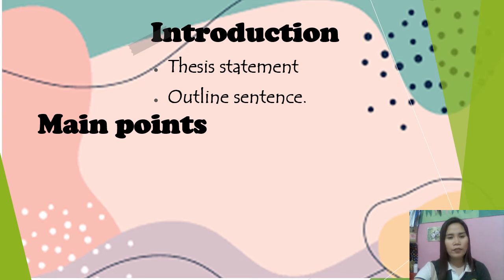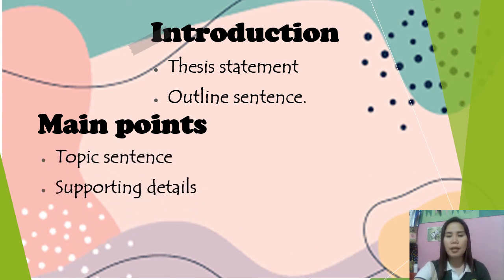Next, we have the main points. Main points contain a topic sentence and supporting details. The topic sentence is where you will write your support for your thesis statement, and each paragraph must have a topic sentence and supporting details.